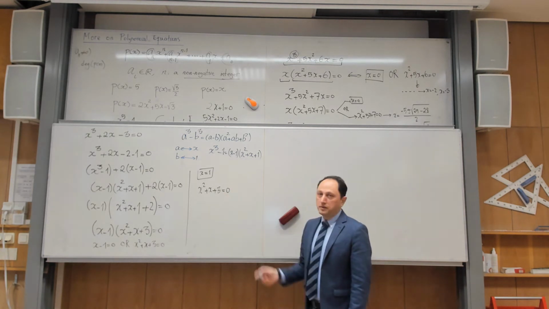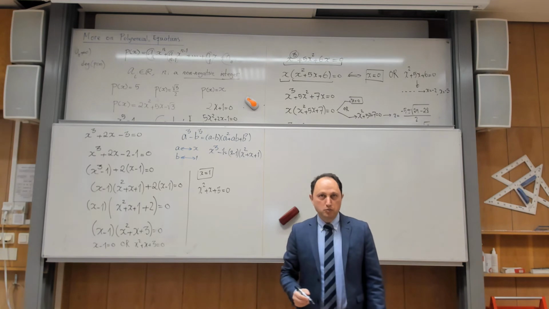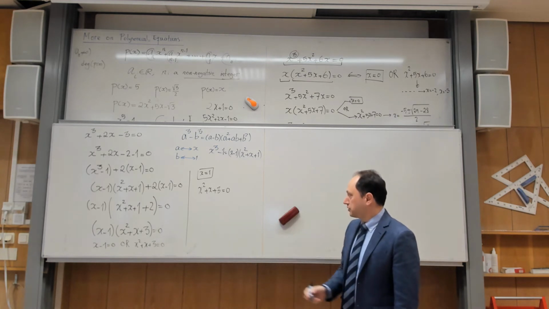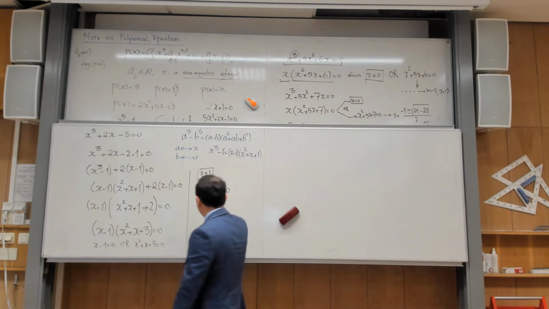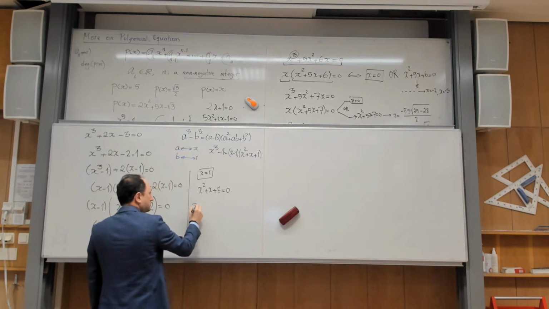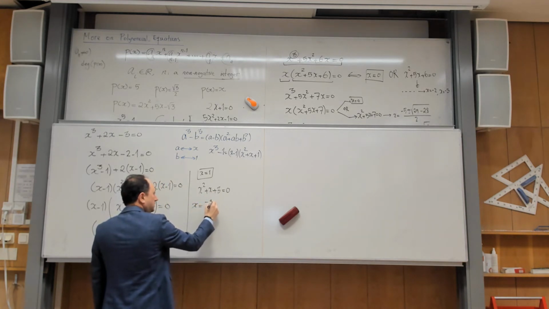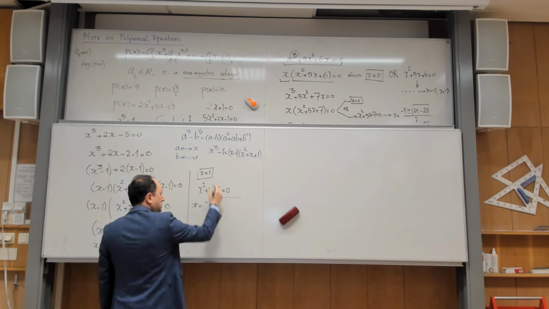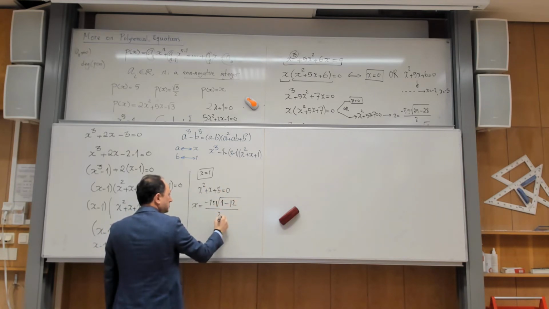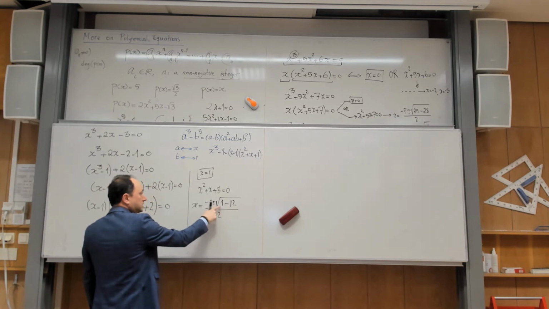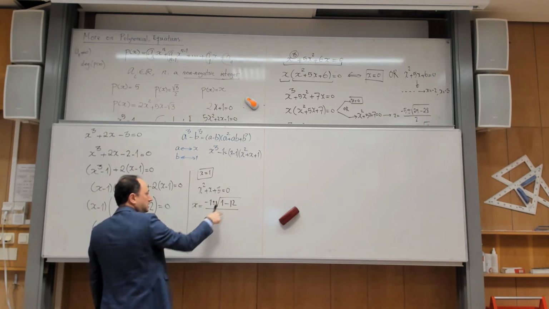Let us solve, because this is the lesson in complex numbers, let us solve in complex numbers, because I hope that you agree with me there are no real roots here. Because that's a quadratic equation, it becomes minus b plus or minus the square root of b squared minus 4ac, divided by 2.